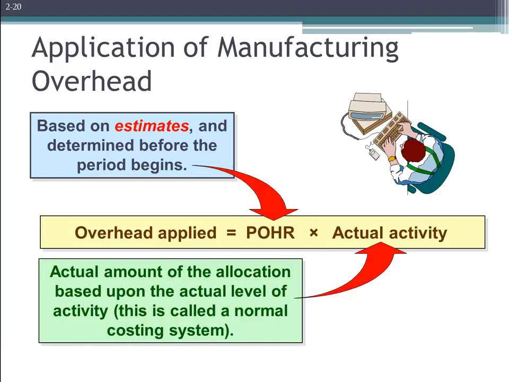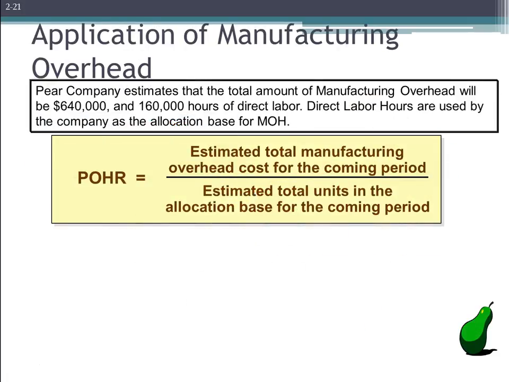So predetermined overhead rate is going to be based upon our estimates at the beginning, and then once we know what the allocation base is, we will multiply that predetermined overhead rate by whatever the actual activity is that we have incurred during a job.